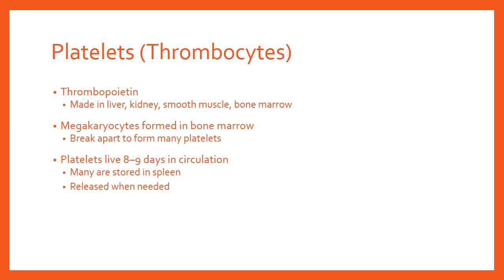Platelets aren't as long-lived as red blood cells, and platelets live only 8 to 9 days in circulation. In a state of crisis when we need more platelets and production will take some time, the good news is that there are lots of platelets stored in the spleen, and when there is a need, the platelets will be released.